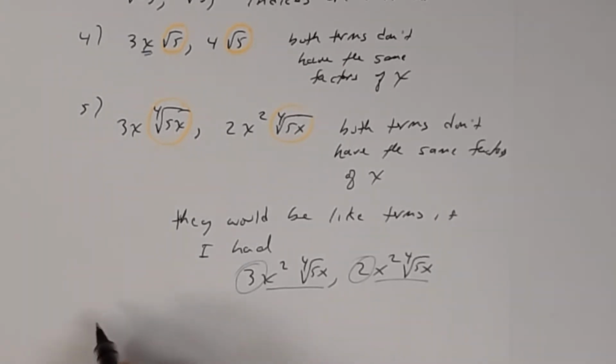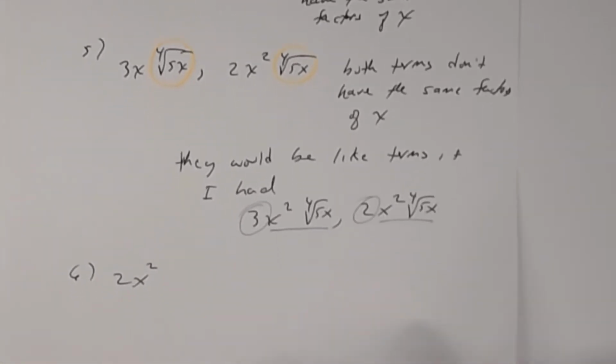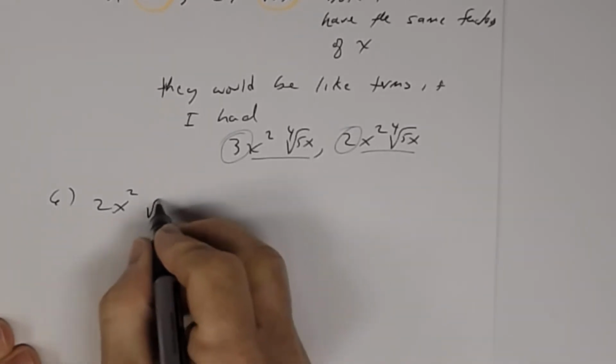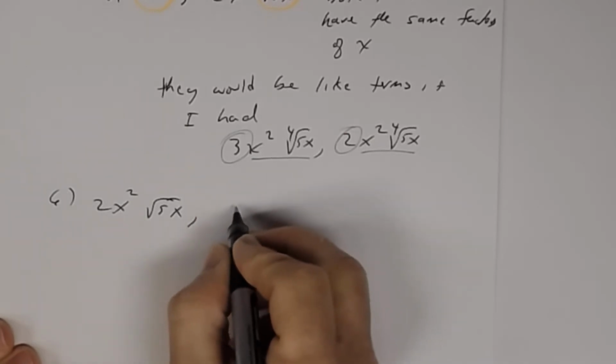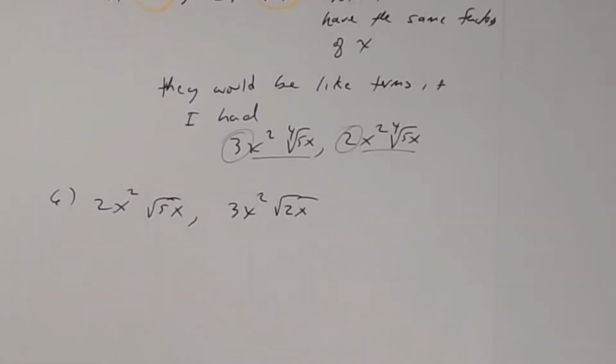All right, and then number 6, suppose you had 2x squared square root of 5x, comma, 3x squared square root of 2x. So what's the issue there?